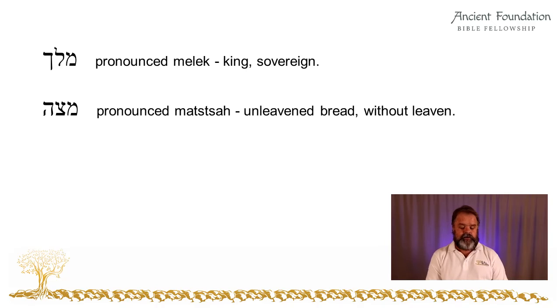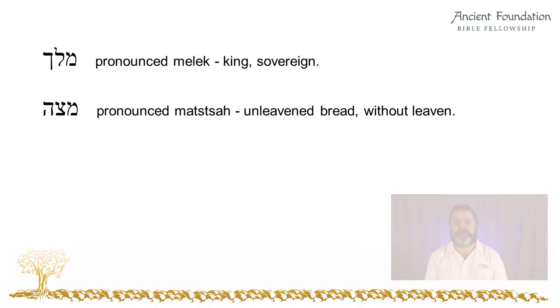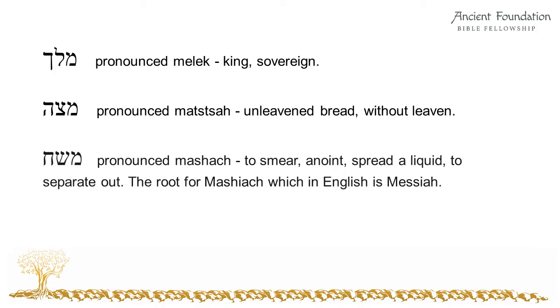And the last word I want to show you that starts with the letter mem is pronounced mashak. Mashak. And this means to smear, anoint, to spread with a liquid, or to separate out. Now this three-letter root, mashak, is the root for Mashiach, which in English is pronounced Messiah. So what's a Mashiach?